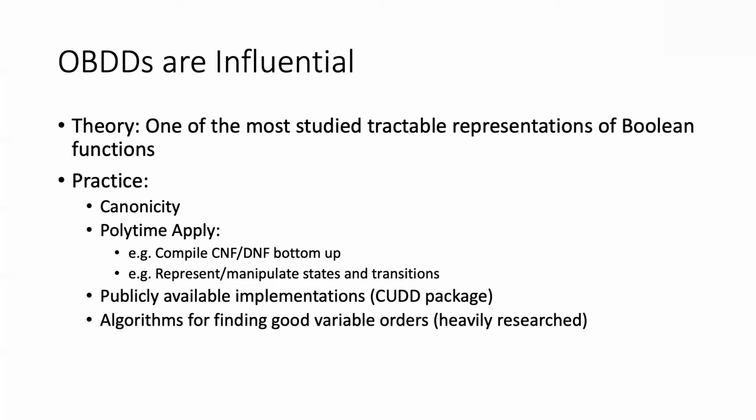And the other thing is, and you'll see later, it's very critical when working with OBDDs to have good variable orders, which is a subject that has been studied extensively in the literature. You'll find a large number of ways of coming up with good variable orders in packages like CUDD and so on. So it is a very versatile representation of Boolean functions that has been very well researched and investigated.